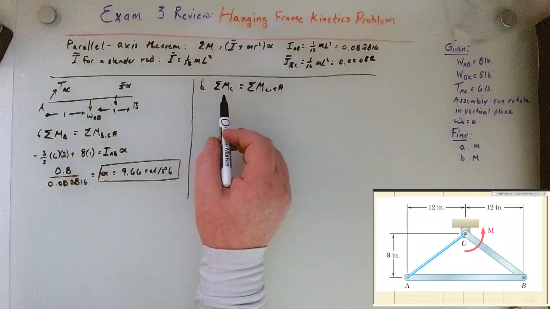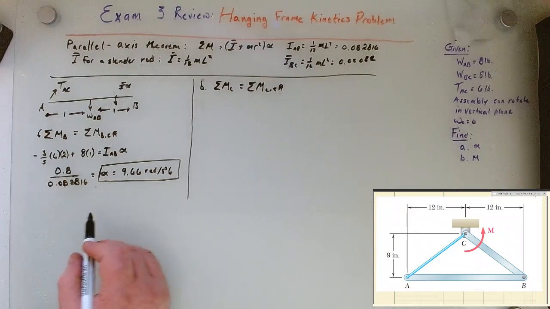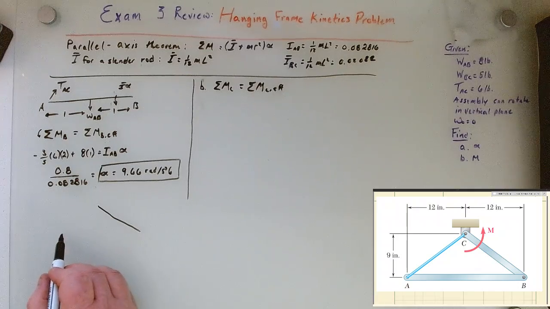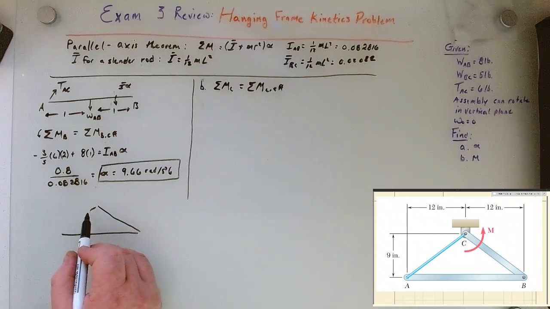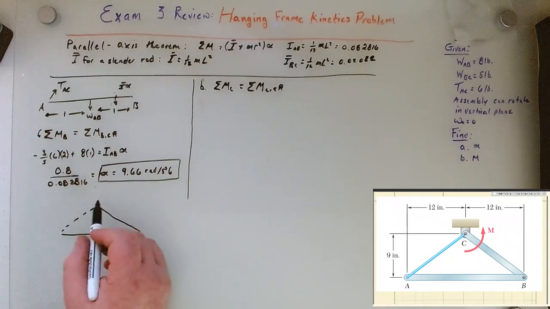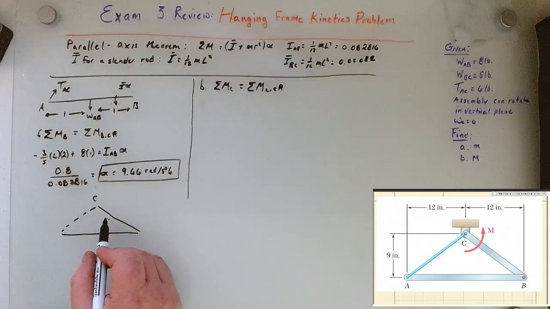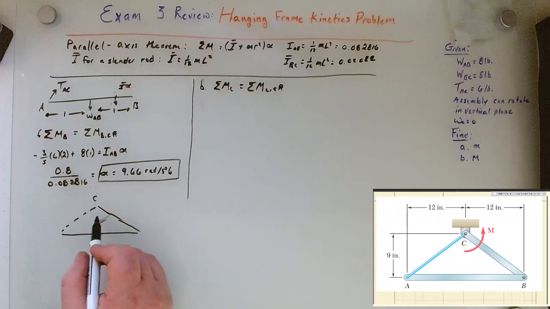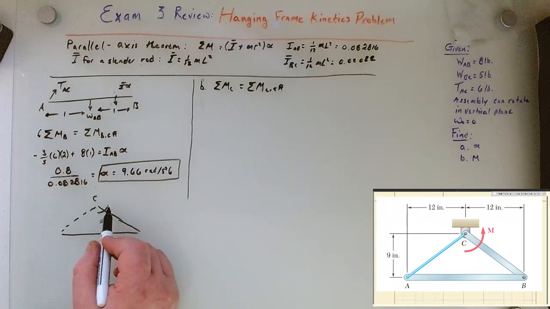Well, let's see. If we just sketch this, and let me do it with lines, and then I'll just use the dotted line to represent the chord, right? So if this is C, then we have the moment M, which I'll put right here.